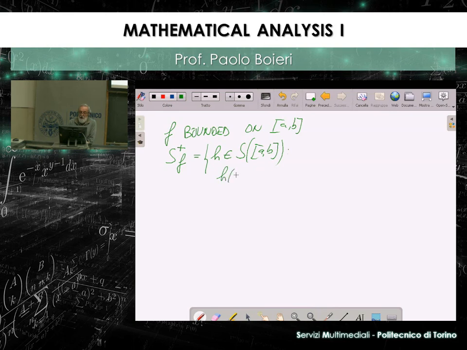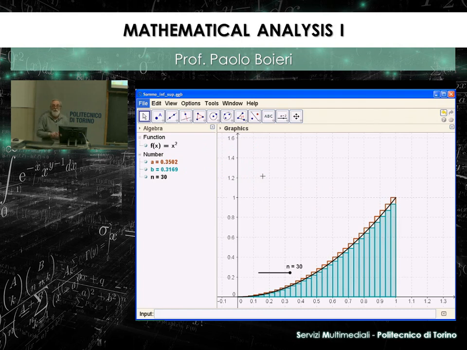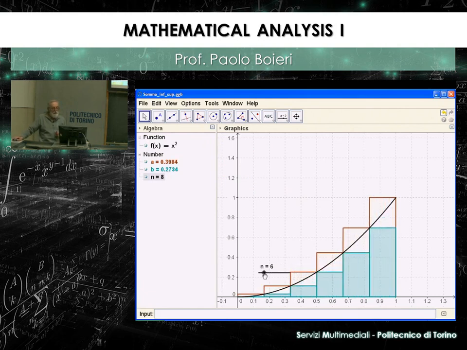With the property that h of x in each interval is defined as what? If you go back to the picture here, what happens here? In each sub-interval, what is the type of function that I choose? Now I'm considering approximation from above.